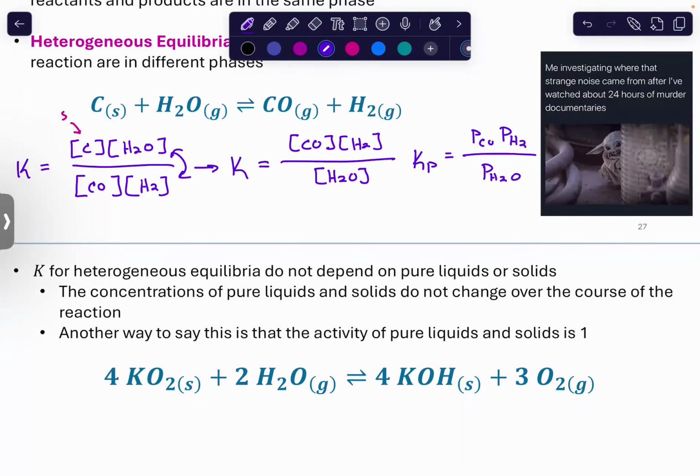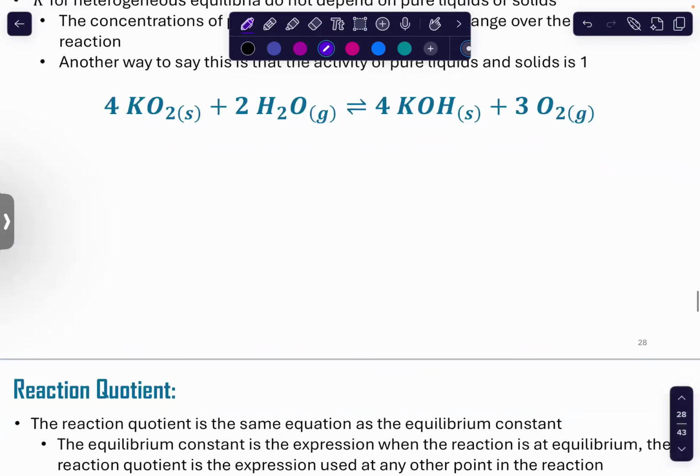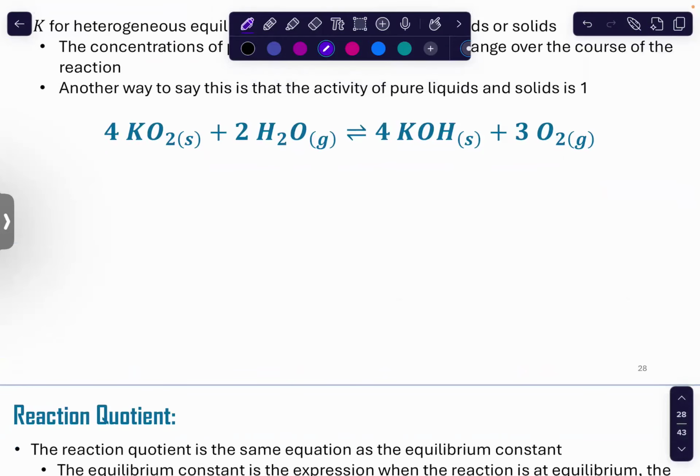Okay, so there's your rules. For heterogeneous equilibria, your Ks do not depend on pure liquids or solids. So you just want to leave those out. Let's look at this one here. We have a solid and a gas. For our K, we'll leave that one out and that one out.